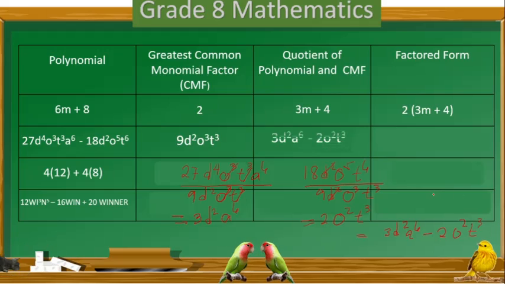Okay, then what is our factored form? This is the combination of this one and this one.